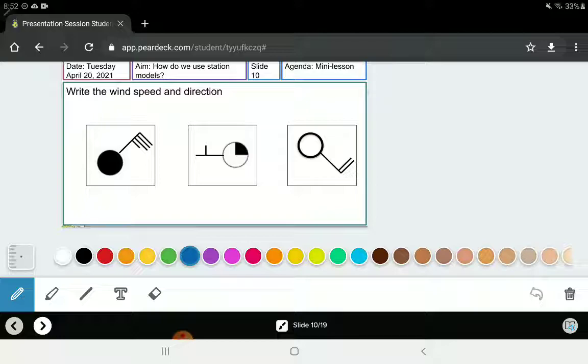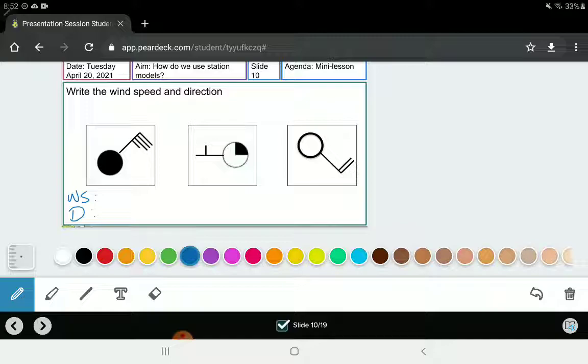On this one, you're going to find the wind speed and the direction. You need to label where the wind speed is, and then what direction it is coming from. I think direction is actually easier.